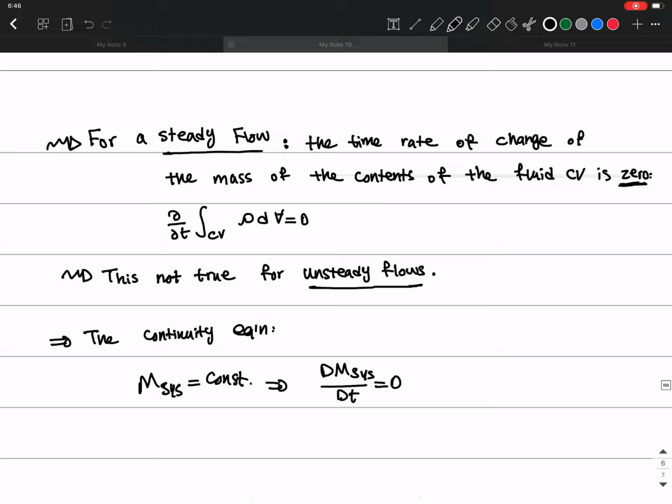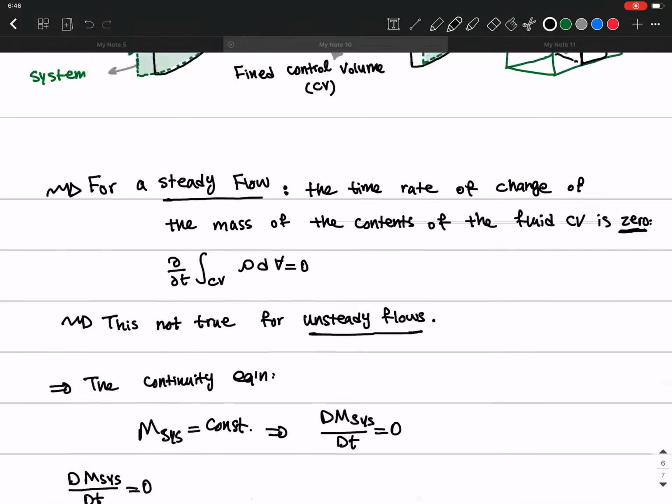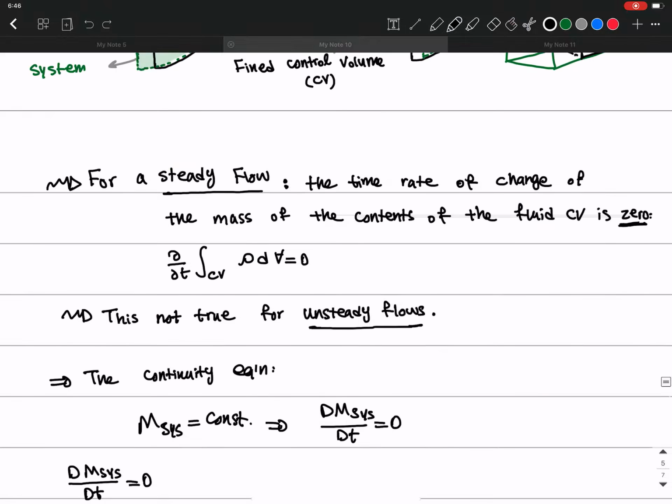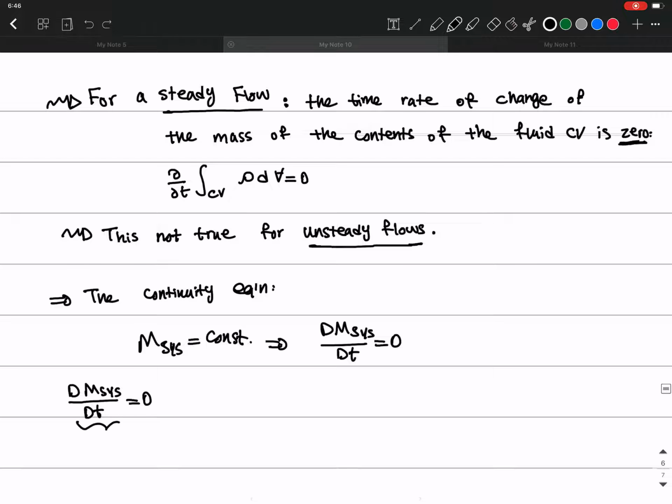So I can write this down: dm of system over dt is 0. This is the left-hand side of this equation. When the left-hand side is 0, the right-hand side should also become 0.